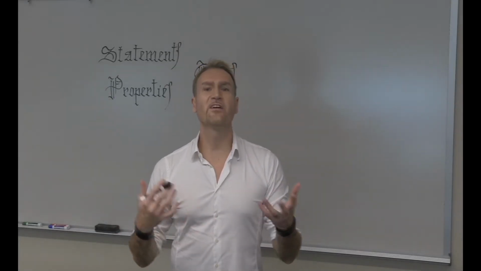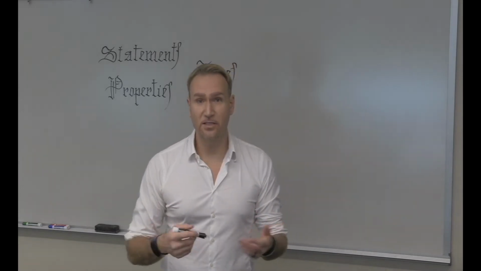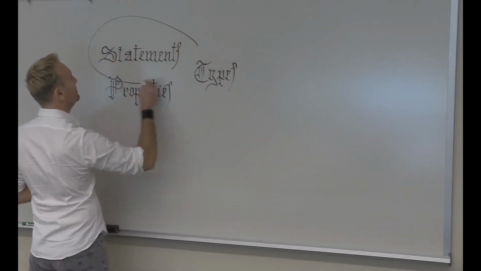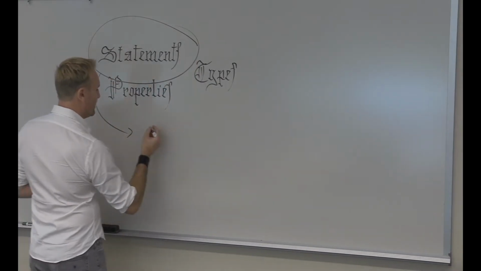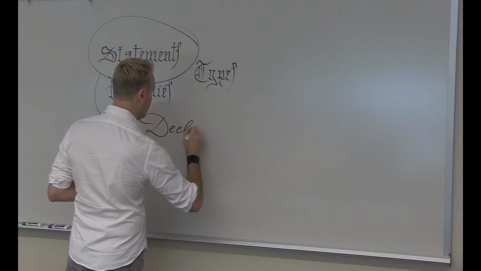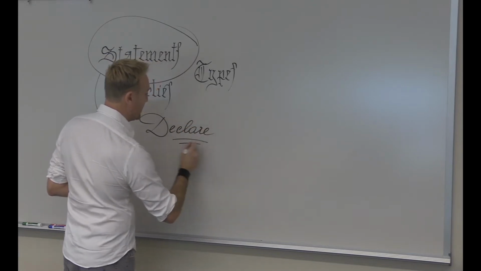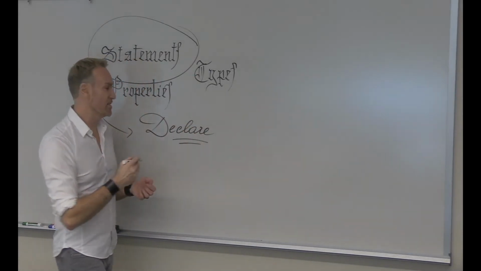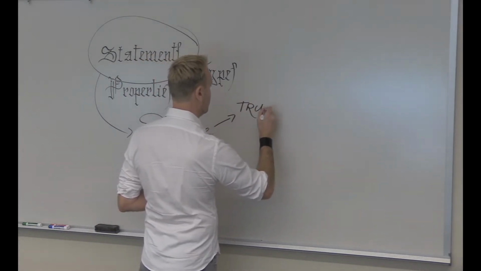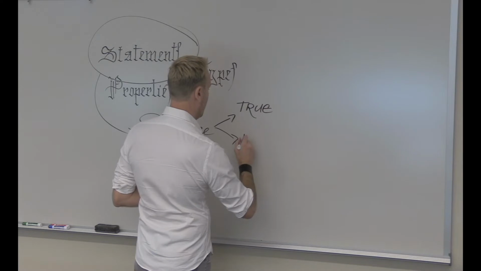So what are statements? Statements are sentences, and statements declare something. So let's keep this in mind. Statements have to do with declarations. Okay, so they declare, which we can also say they clarify whether something is either true or false.